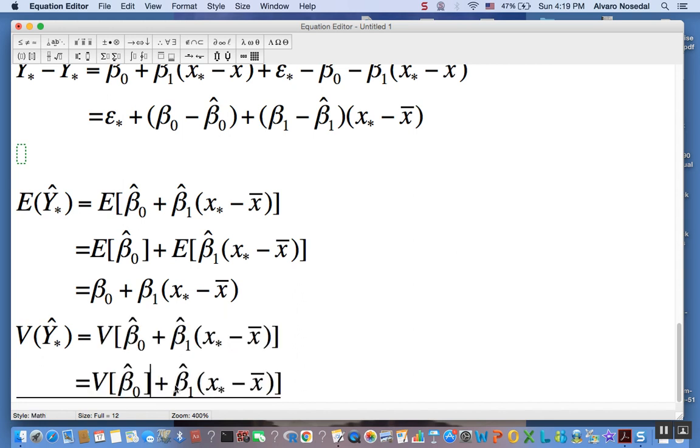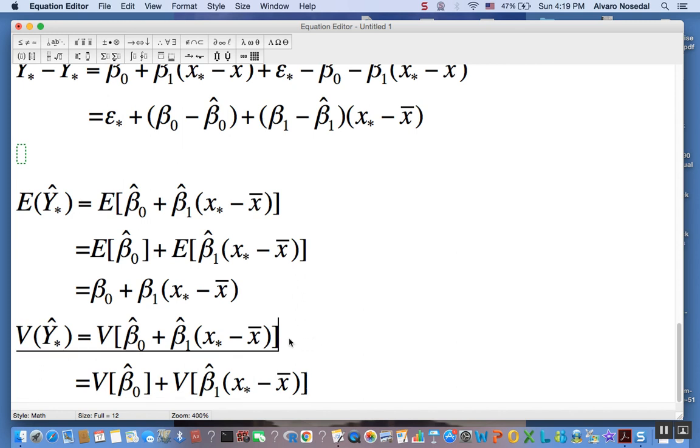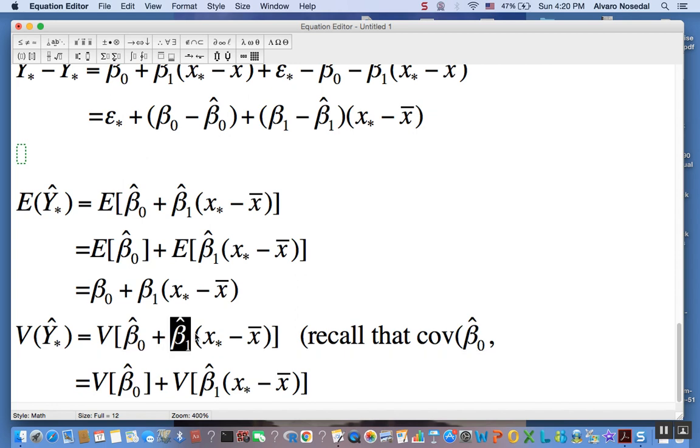So let me just write this down here. Variance of this, and let me just remind you that the covariance between beta hat 0 and beta hat 1 is 0.